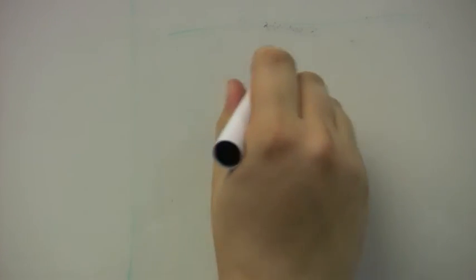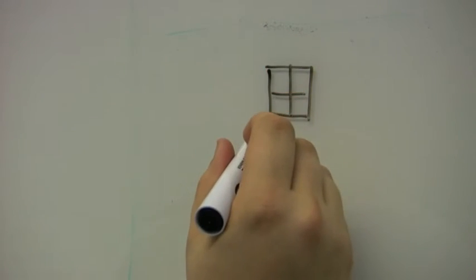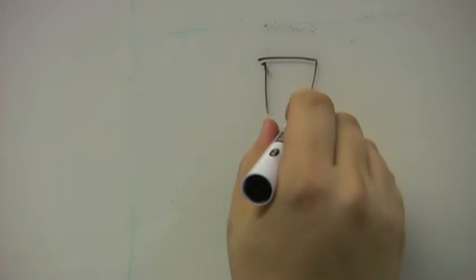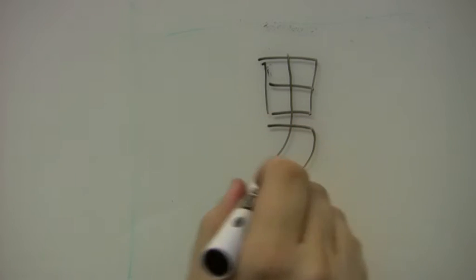And when I draw this, it's really 2 separate kanji put together, so you're really supposed to do the rice field first and then the power one. But I think a lot of people skip that little part and just do this first and then draw this line through everything and then add that.